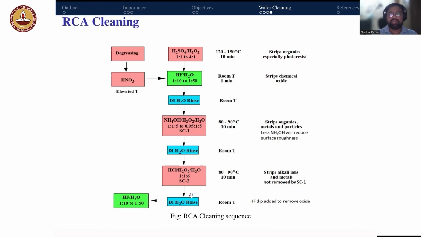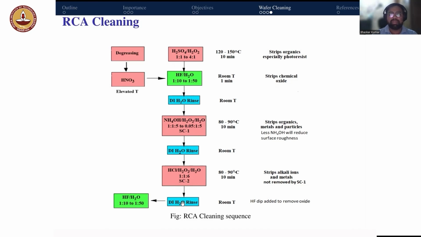As I mentioned, after SC1 there is an oxidized surface, so after the SC1 treatment the sample will be hydrophilic. SC2 also does not oxidize the surface, and it does not remove the oxide from SC1, so there is no change. After SC2 treatment, the surface will still be hydrophilic.